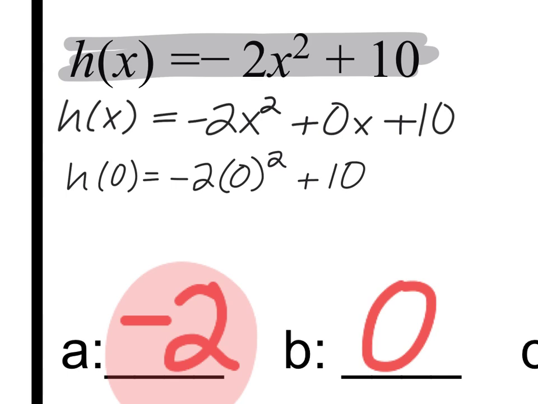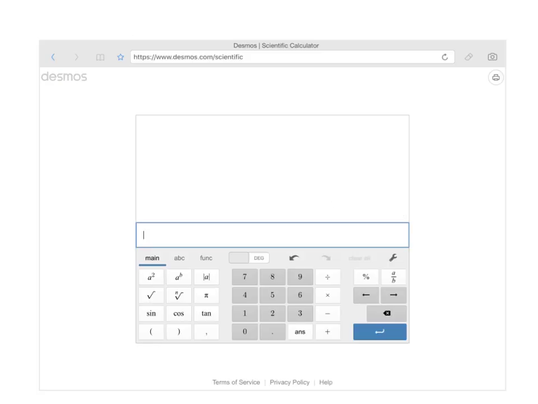Well, this first part is 0. You can type this into your calculator if you'd like. First term will be 0, and then you add 10. I'll type that in the calculator so you can see it. So negative 2 times 0 squared plus 10 is 10. So you get your answer right here, and that's our y value for our vertex.